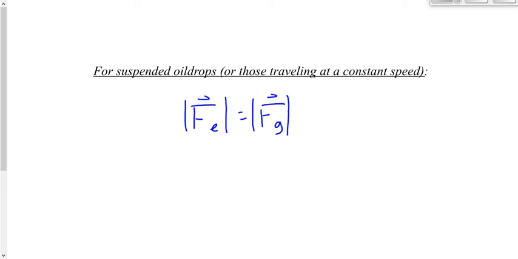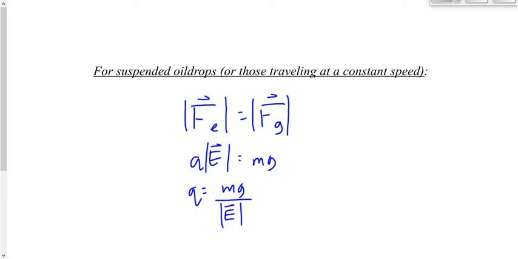Don't get that mixed up with the velocity selection chamber of the cathode ray tube, where Fe equals Fm. The upward electric force will be equal to the downward gravity. Now the electric force is Q times E. The gravitational force is M times G. This allows Millikan, or us, to measure the charge.